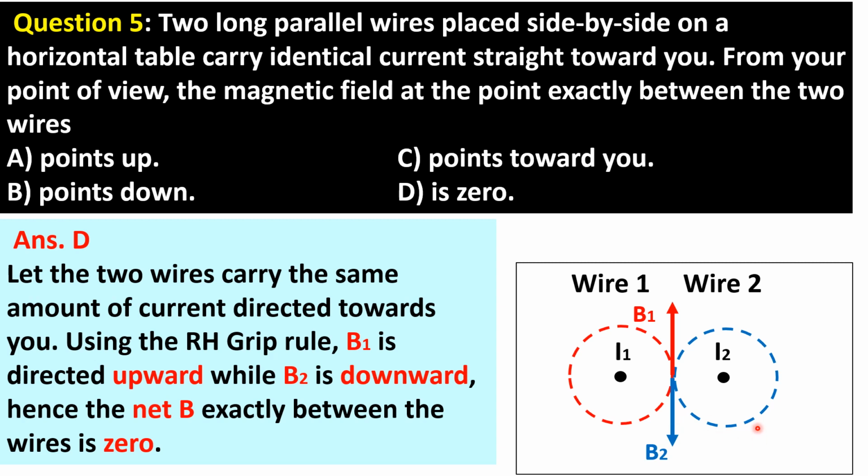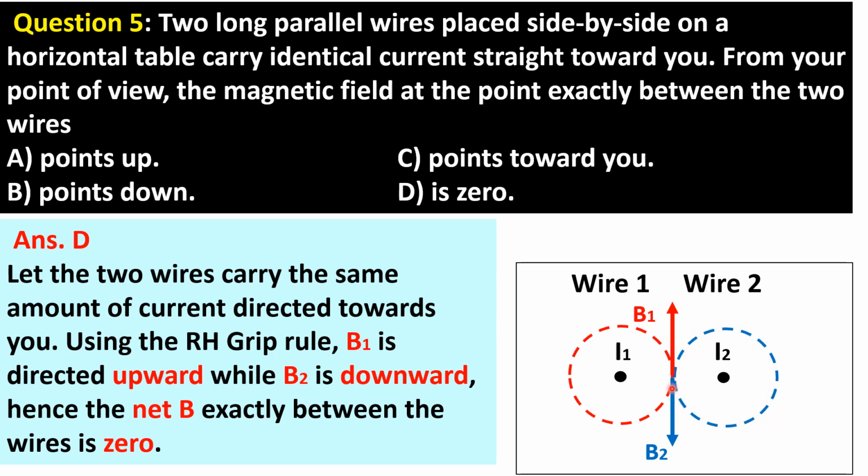In the second wire, use again your right hand, in such a way that your thumb is pointing towards you. That is the way the magnetic field is directed.